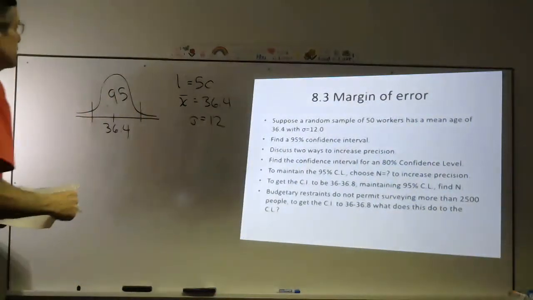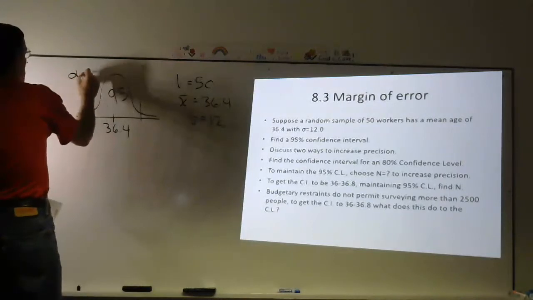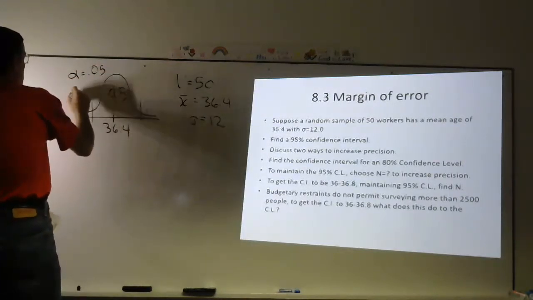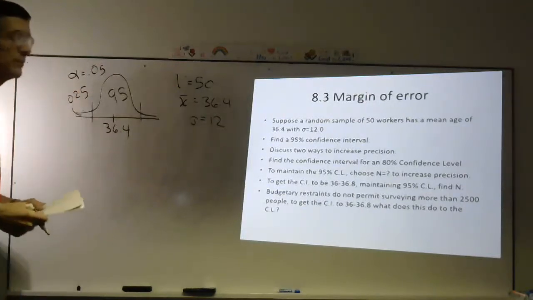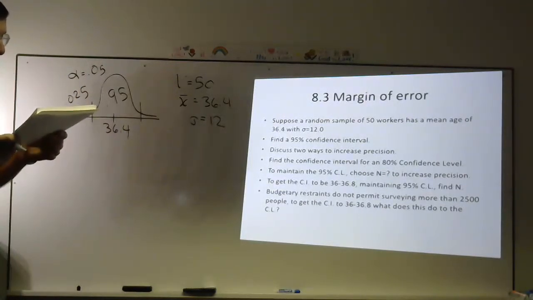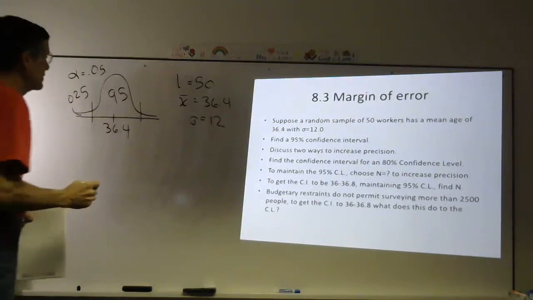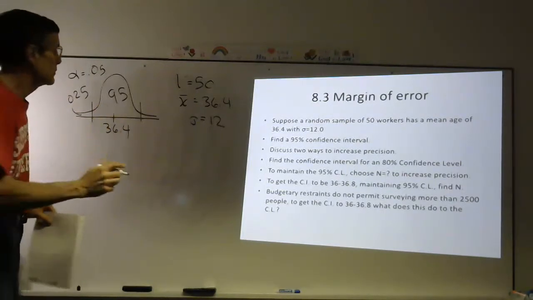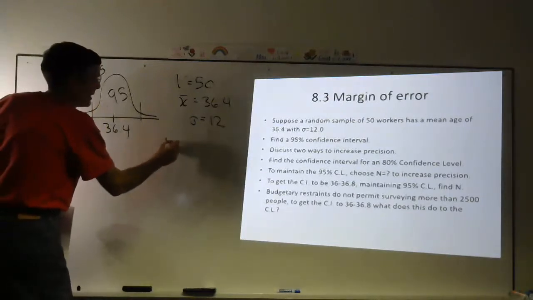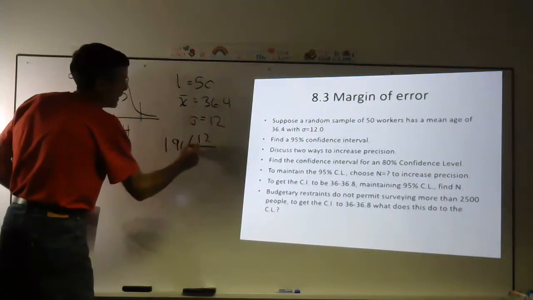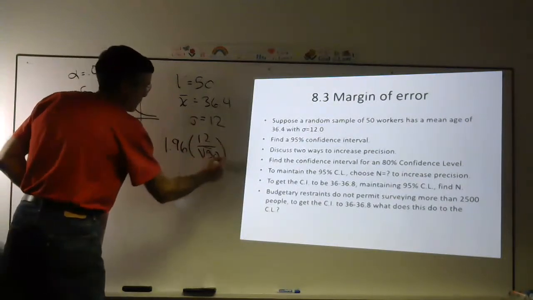I know that alpha is 0.05. That's the area we don't want. So at each end, there's a 0.025. I do a reverse lookup on 0.025, and I get plus or minus 1.96. That is the z-value that you must take times the standard deviation of 12 over root 50.